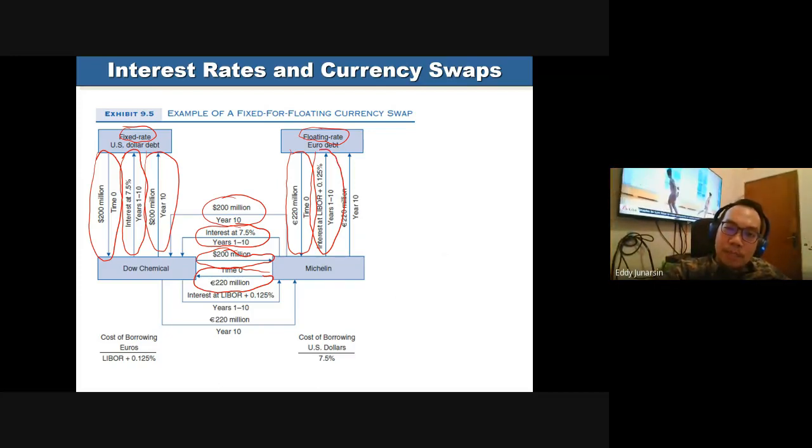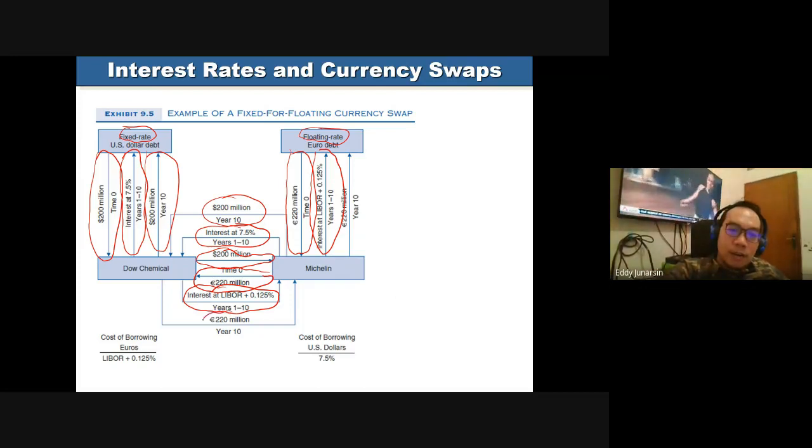So LIBOR plus 0.125, right? But again, this obligation would be assumed or fulfilled by Dow. So Dow will pay LIBOR plus 0.125 for the next 10 years, right? And the payment would be proceeded by Michelin to its debt holders.